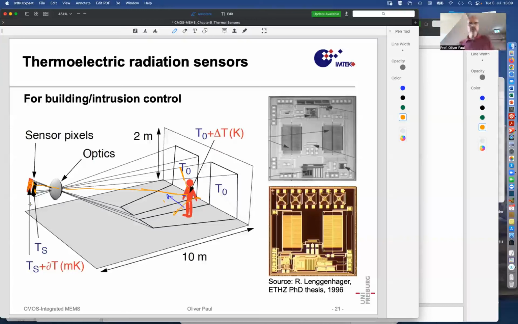And so in the thermoelectric radiation detectors, this detection is done by absorption of thermal radiation. So you can imagine that this thermal radiation impinges on, well, detector element number 1 or detector element number 2, depending on whether the person is on the left or right.